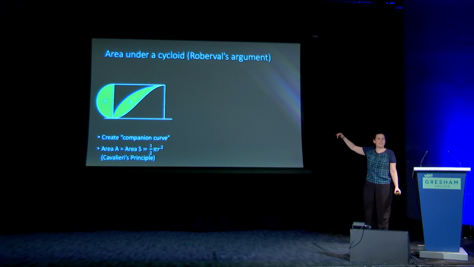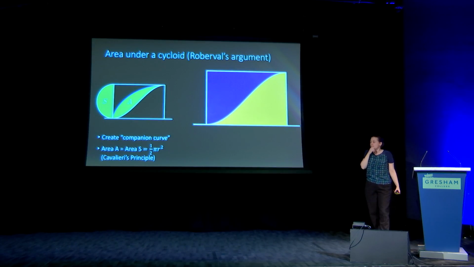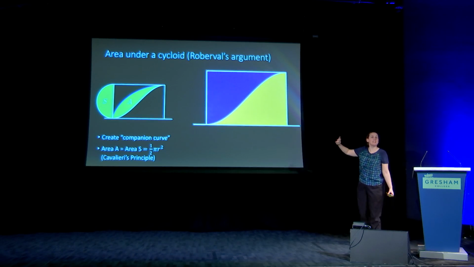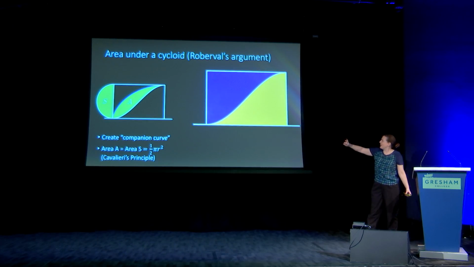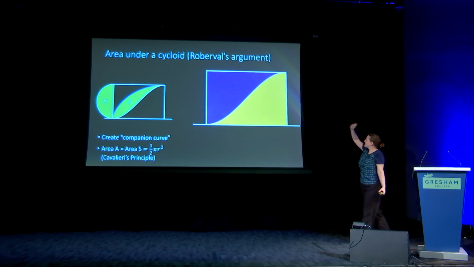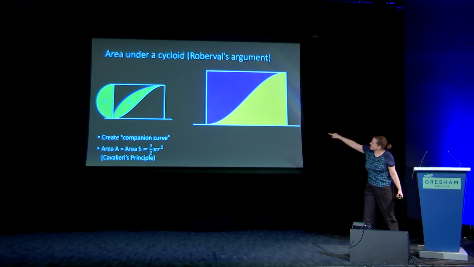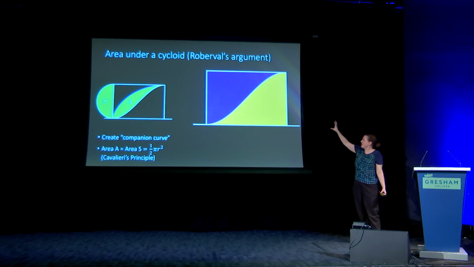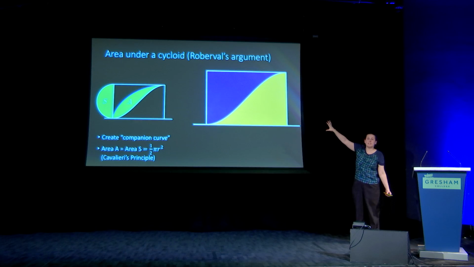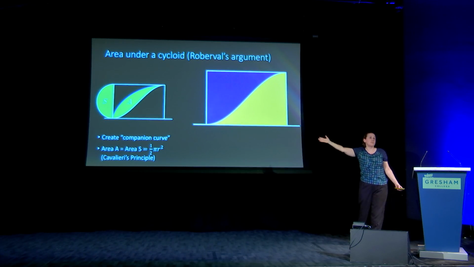Let's think about now, I've enclosed that half cycloid, as you see, in a rectangle. And here's that same rectangle. I've got the companion curve in the middle of it, in lovely blue and yellow colours, because they're the best colours. You can plausibly see that by symmetry, we made this thing by rolling a circle from left to right.